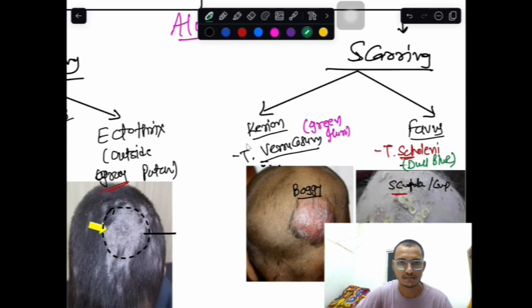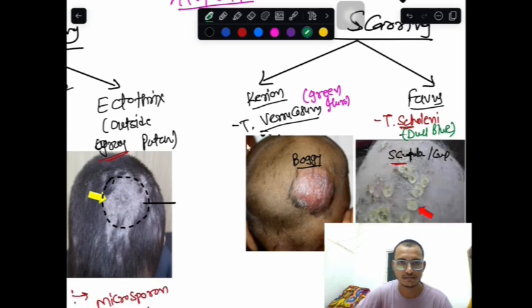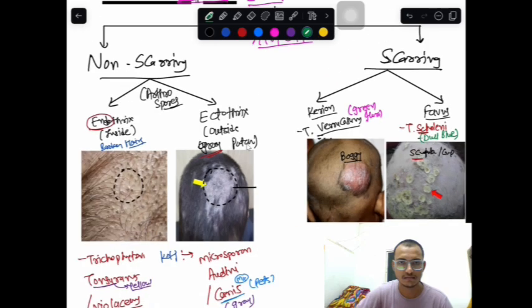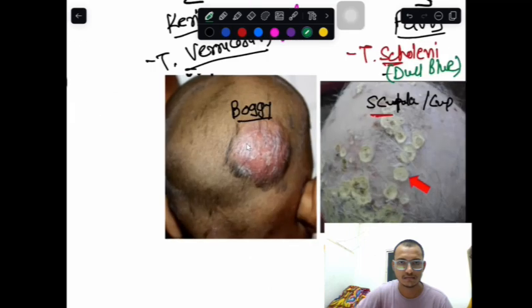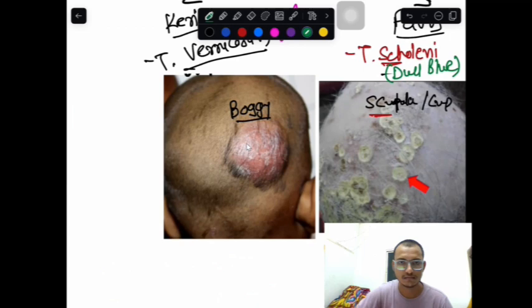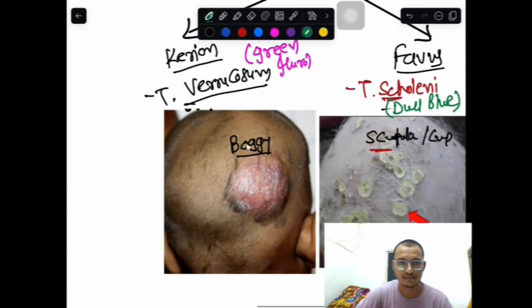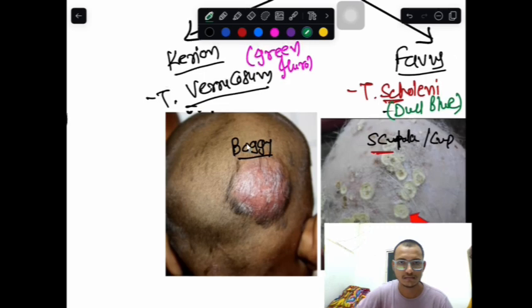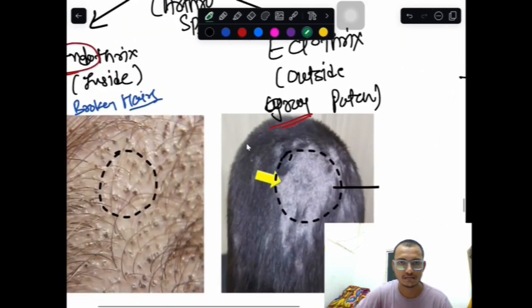They look like this. This question was asked in the 2022 exam. Favus is because of the scutula, cup. Favus, they all are the same. Boggy lesion, kerion. Verrucous lesion, so verrucosum.